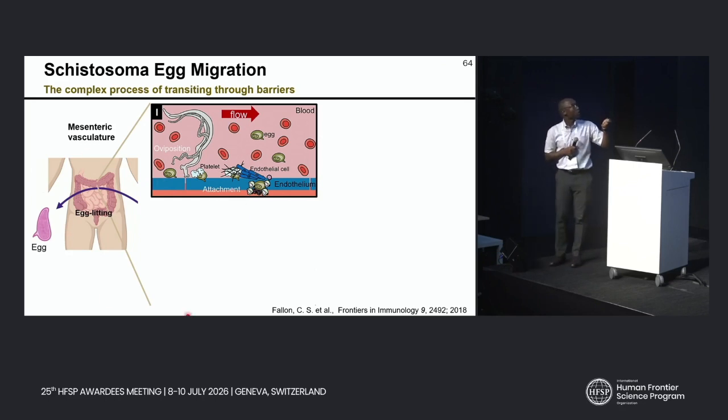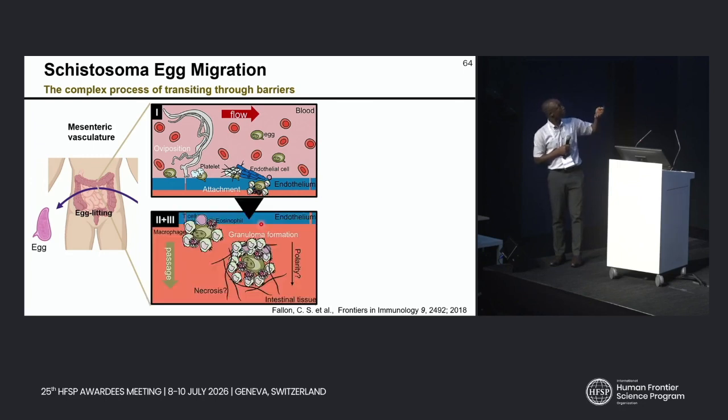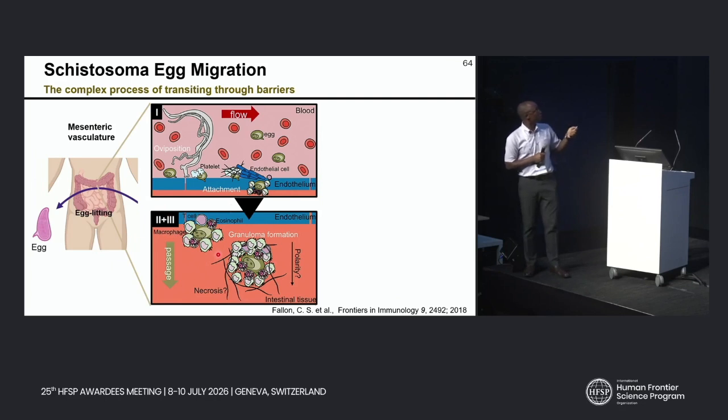So you will notice we got the egg laid, and immediately we have the endothelial cells and a lot of other cells will come to encapsulate the egg, and they will cross the endothelium, the first barrier that they cross, and then we have the process of granuloma formation where the macrophages, a lot more T cells and other immune cells will come and form the granuloma around the egg.